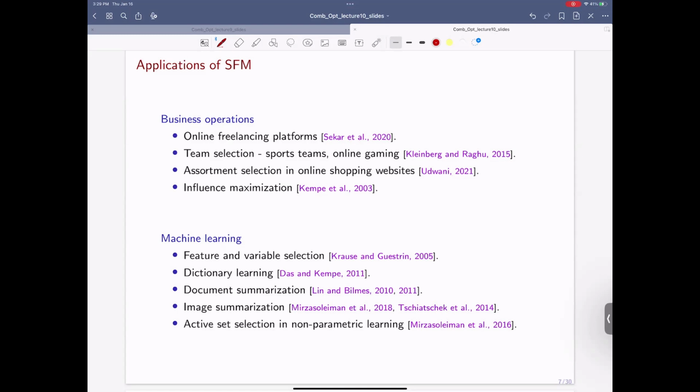Document summarization or image summarization: you have a video, and you want to, let's say, take screenshots of 10 scenes of that long video that best summarize the entire video. That's another example, and there are other problems as well.